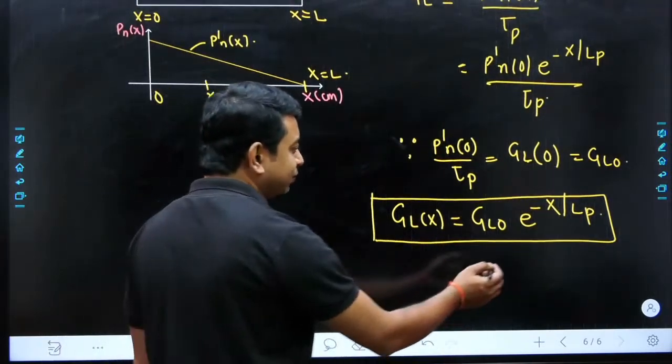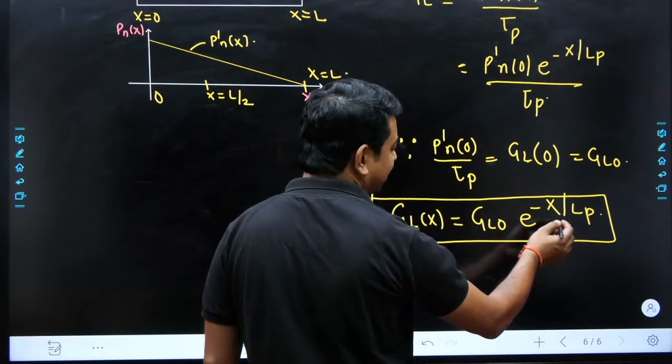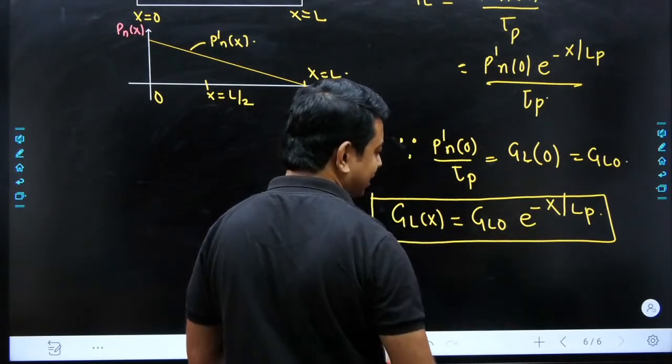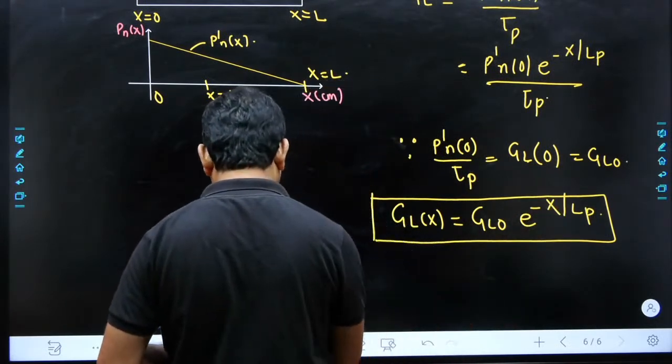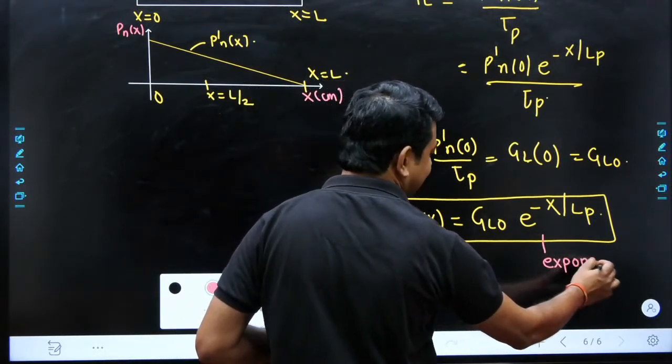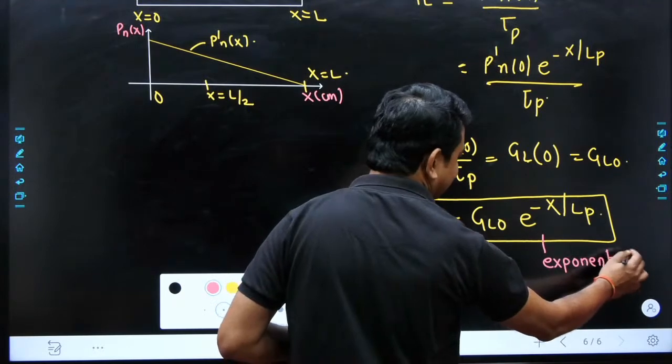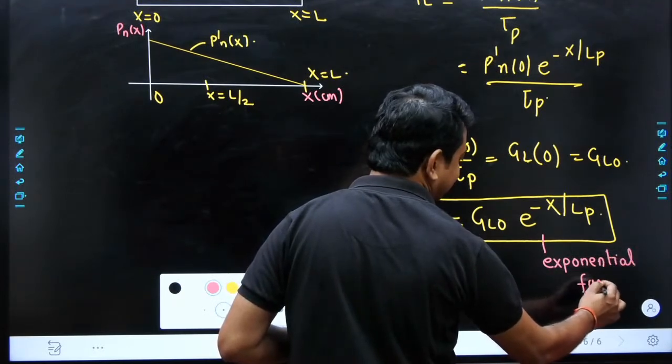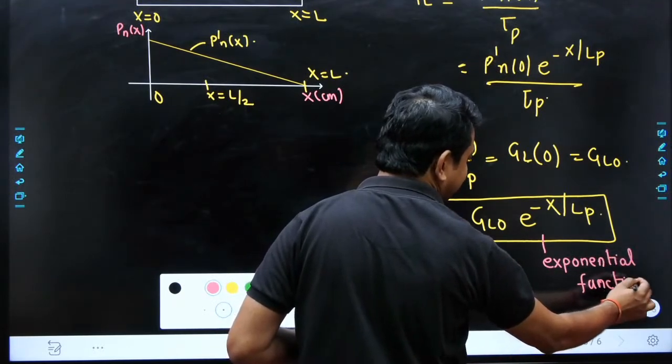Now e raised to minus x upon Lp is an exponential function which is changing with respect to distance.